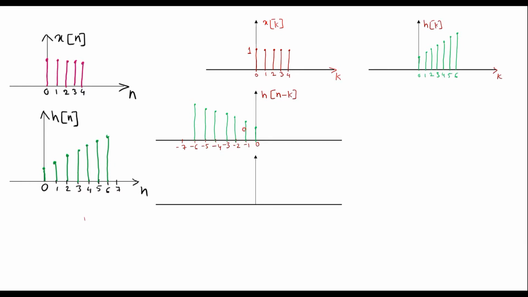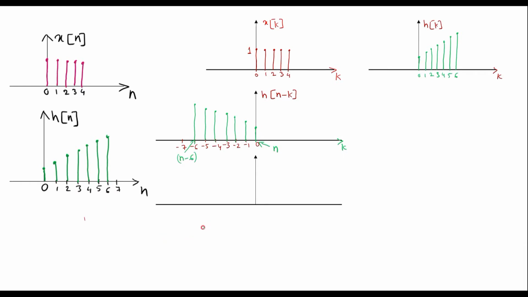So this is the h of n minus k signal, and here we can observe that, as this is the k axis, the sample which exists at k equal to 0 is nothing but n, and the sample which exists here will be n minus 6. That is, we'll call this sample n, and the last sample will be n minus 6.